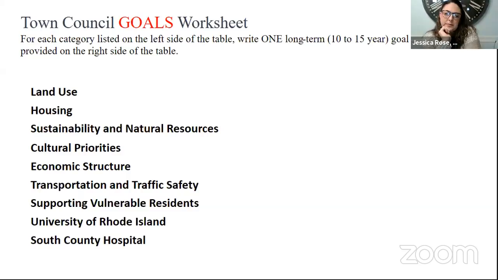I think too, to piggyback on that, what opportunities does our economy offer to retain those URI grads, where they will move here, stay here, and work in our community?